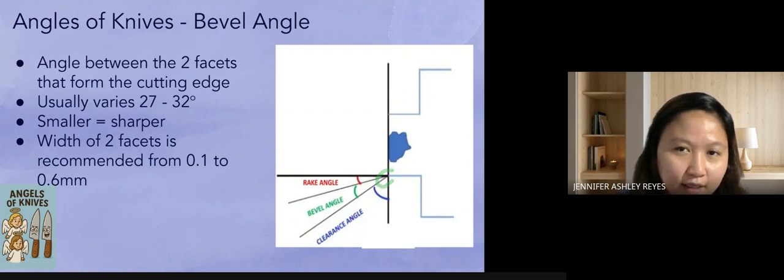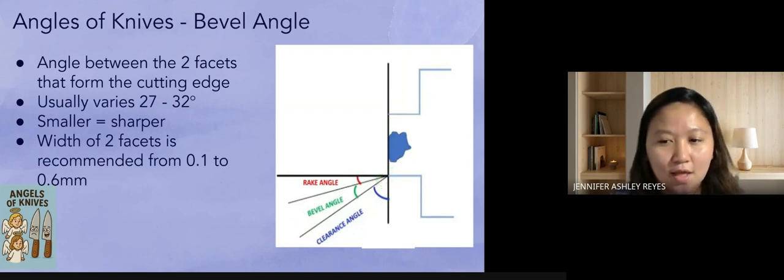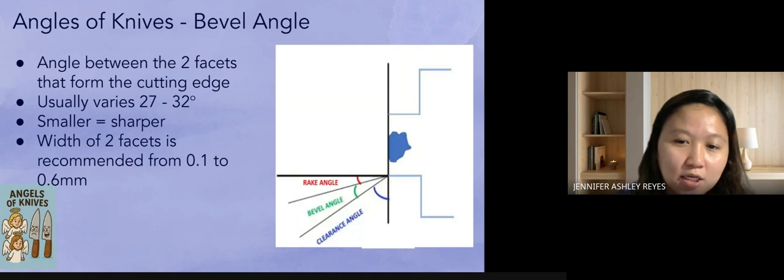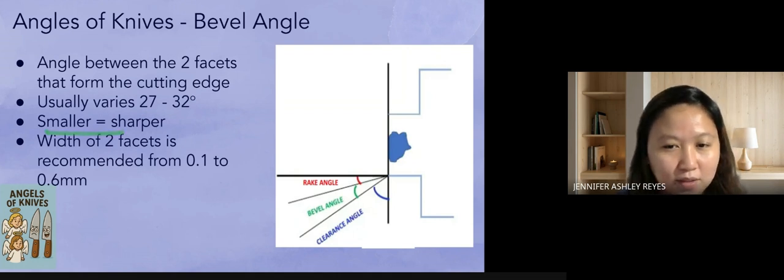It's like a swordsmith's precision. The ideal range is around 27 to 32 degrees. Smaller angles, sharper edges, but also more fragile. And the width of the two facets is recommended to be 0.1 to 0.6 millimeters.